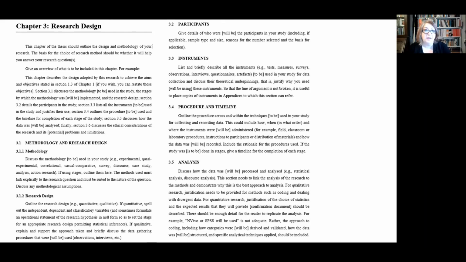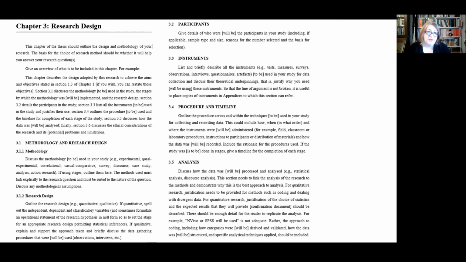So there might be some talk about epistemology, ontology, which I'll come to in a minute, or if it's going to be experimental, or if it's correlational, or if you're going to be doing case studies. So it's mapping out what your methods are going to be, but also giving you a broader framework. So you could say, I am using a critical discourse methodology, and the methods that I will be using are this and that. So that's a little introduction.